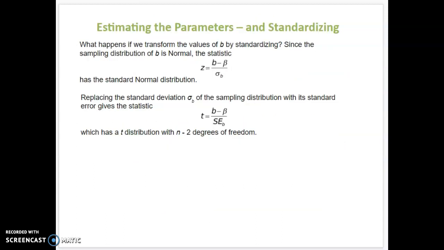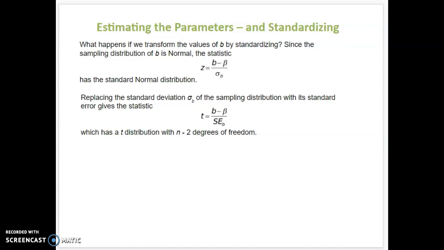This is just to show where one of the formulas comes from. If we transform all of those different slopes, because again, remember that when we're trying to look at our sampling distribution, it would be every possible slope that we would find from samples of that particular size.